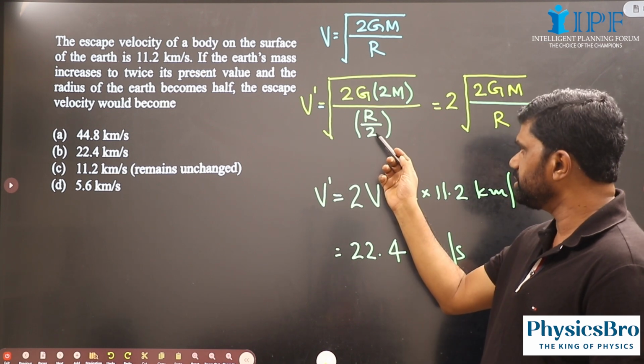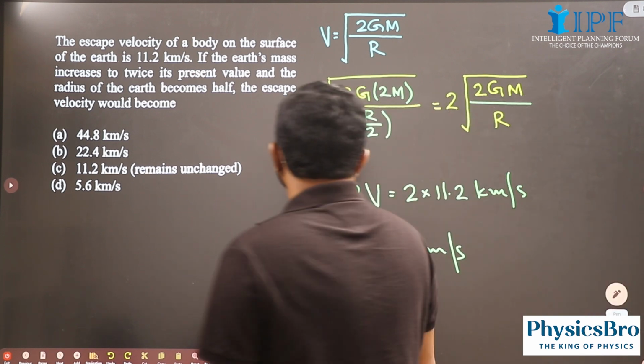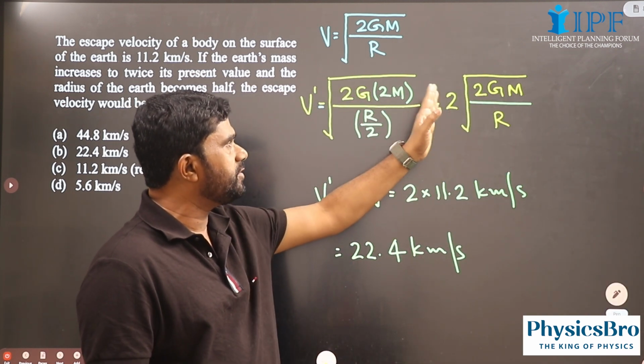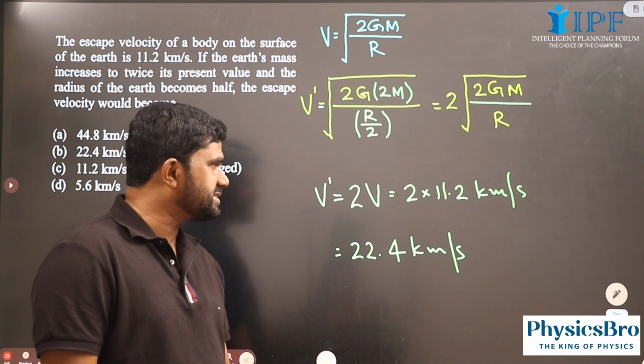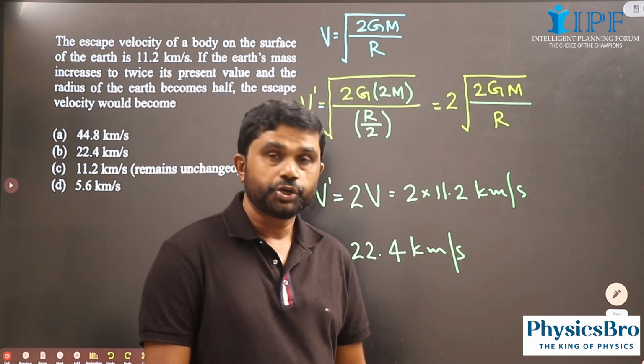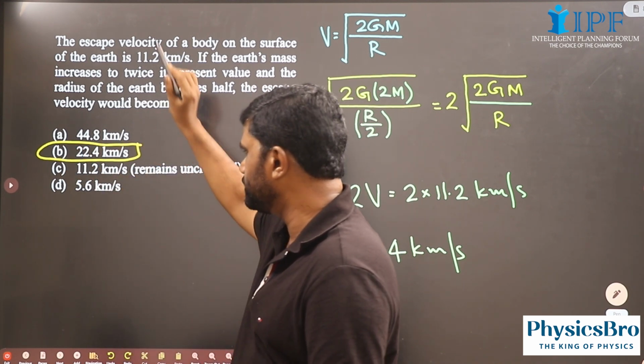As this 2 goes to the numerator, there will be an extra 4. So v dash will be, that 4 we can take outside, twice the original escape velocity, 2v. So 2 into 11.2 is equal to 22.4 kilometer per second means this one.